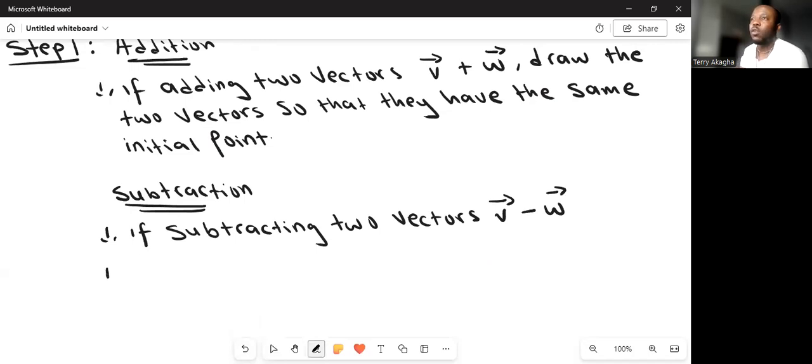Now, the first thing you do is that you have to switch the direction of the second, which is w, so you can create the negative w. Does that make sense?